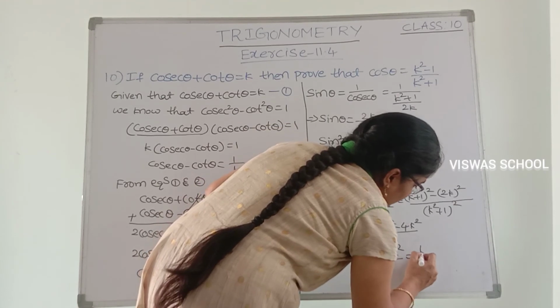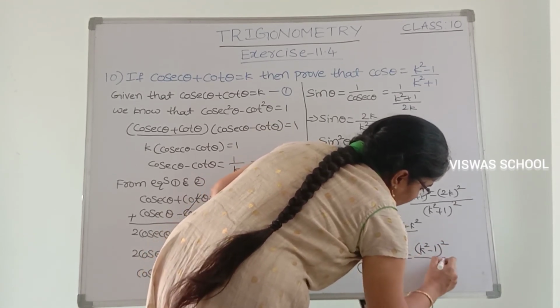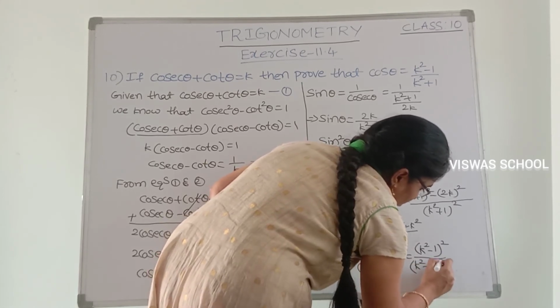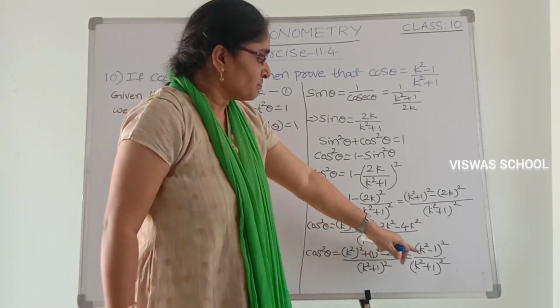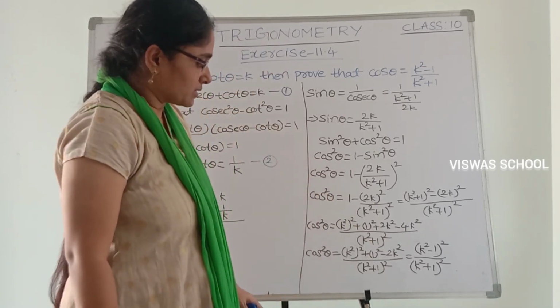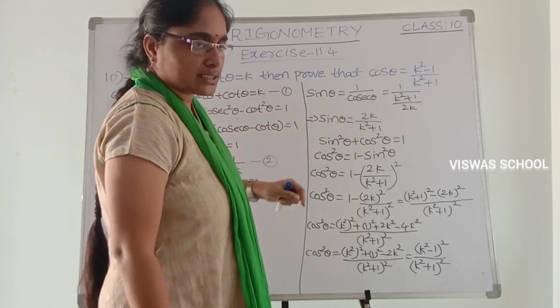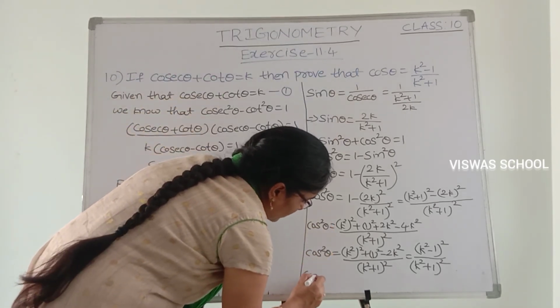Now it will change as k square minus 1 whole square by k square plus 1 whole square. That is cos square theta is equal to k square minus 1 whole square by k square plus 1 whole square. But we have to find out which value? The cos theta value.